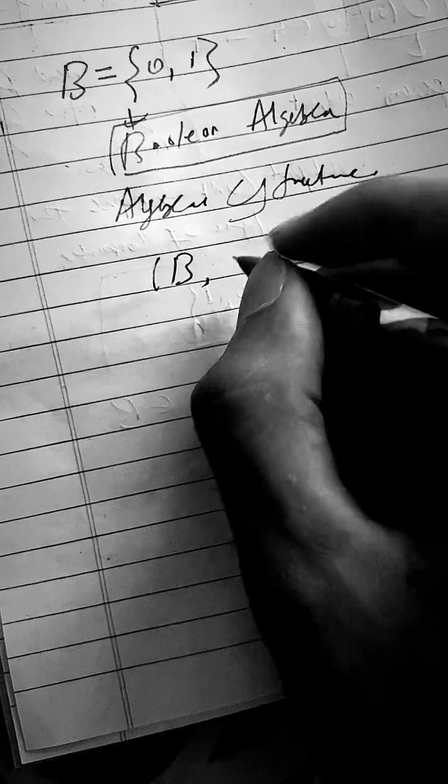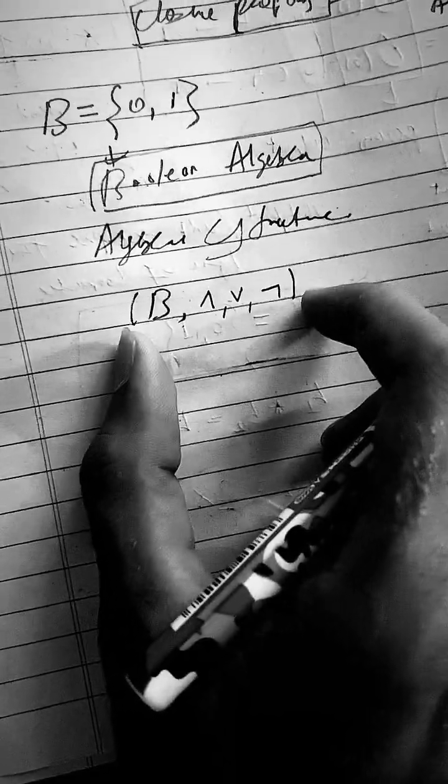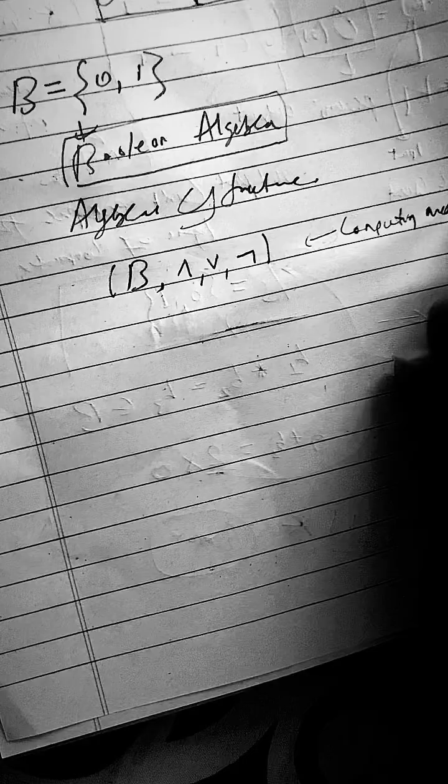A Boolean algebra is an algebraic structure. We have a set B, which is the binary number set. Then we have three operations: AND, OR, and NOT. This is the logic behind a computing machine.